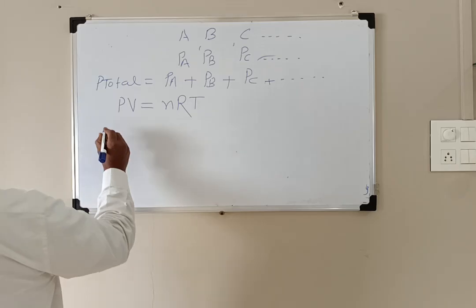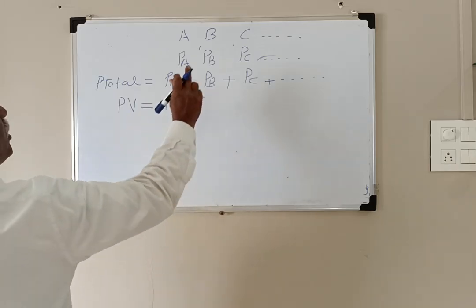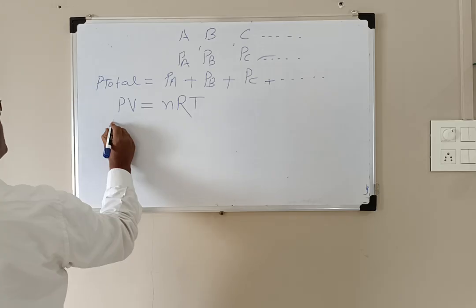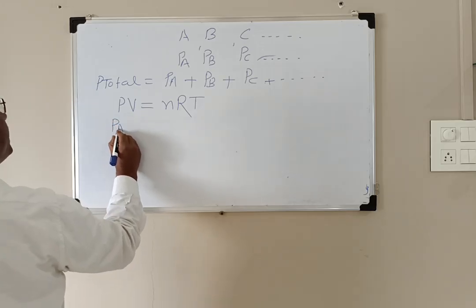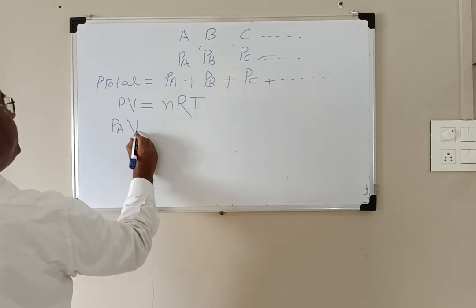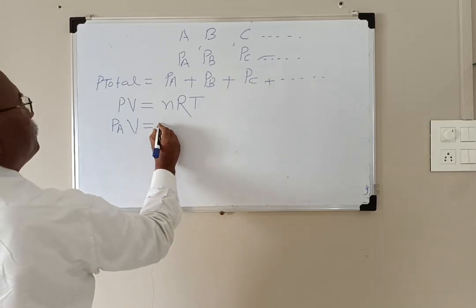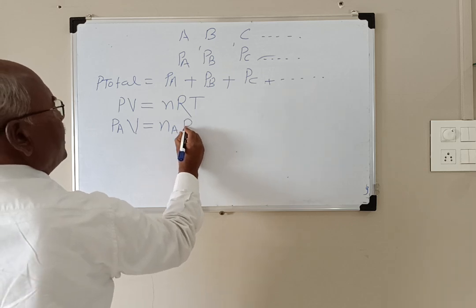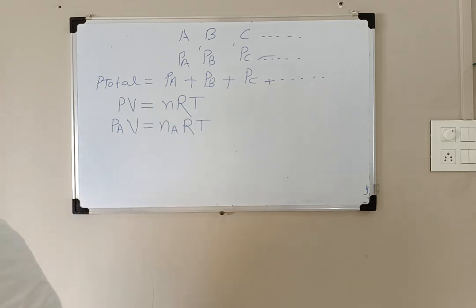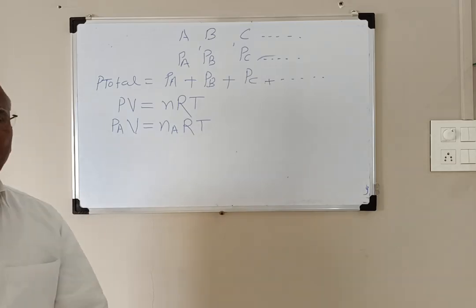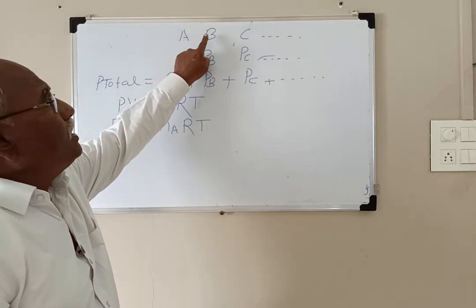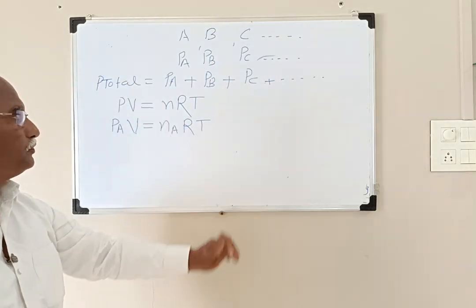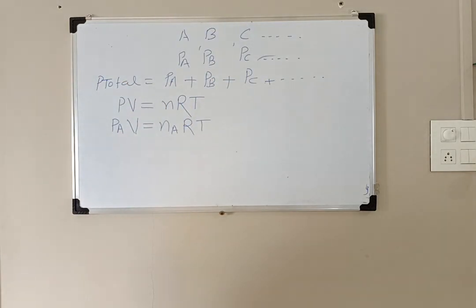So, I write for component A, partial pressure of A into V is equal to moles of gas A into R into T. That means the ideal gas equation is also applicable for each component of the gas.